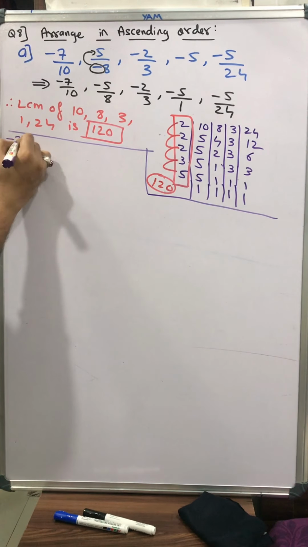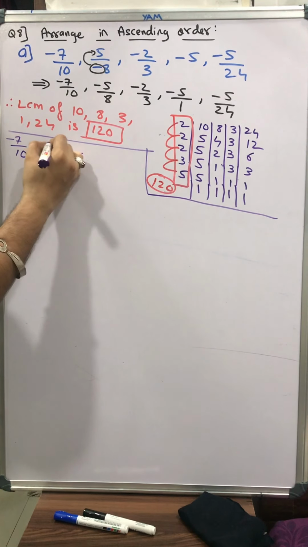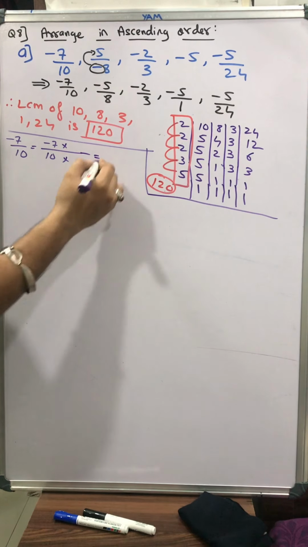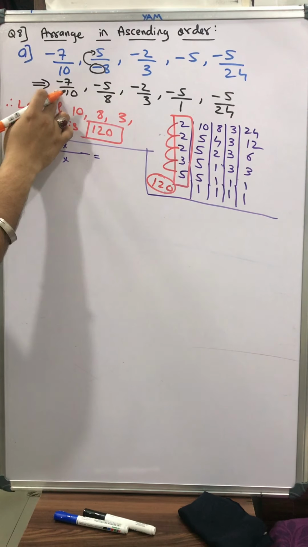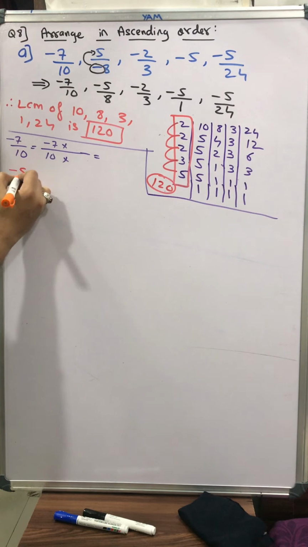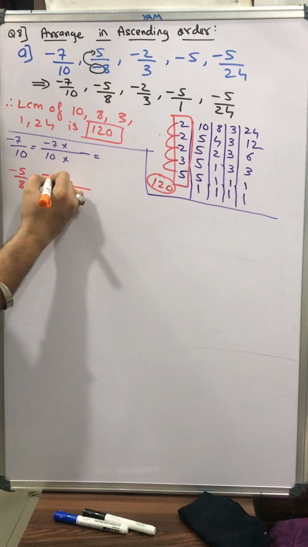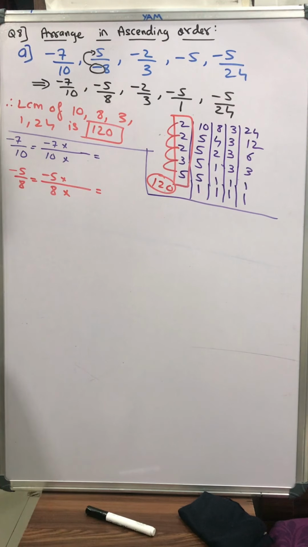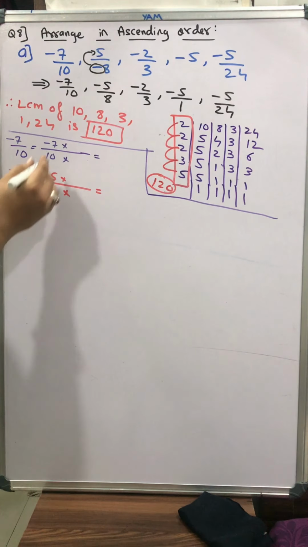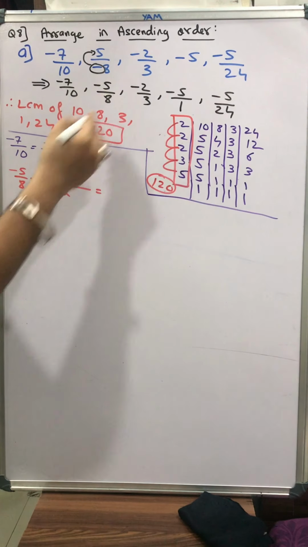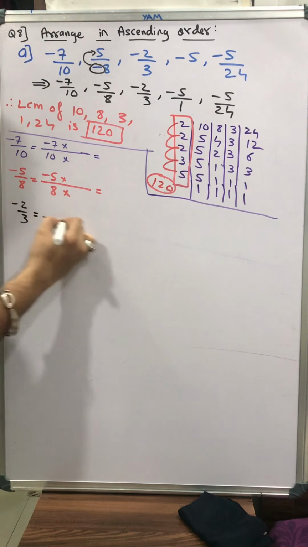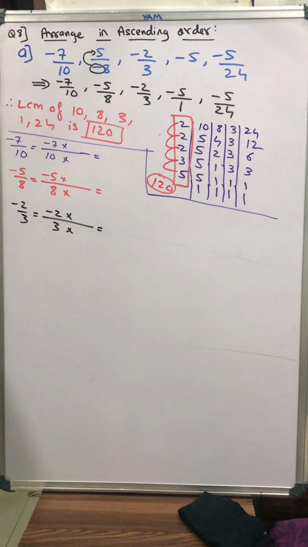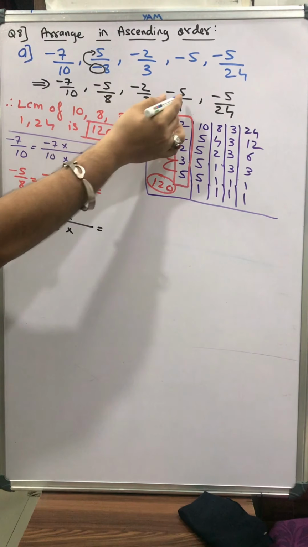I'll write minus 7 upon 10 is equal to minus 7 into blank over 120. Then minus 5 upon 8 is equal to minus 5 into blank. Then after that, minus 2 upon 3 is equal to minus 2 into blank. Then minus 5 by 1.